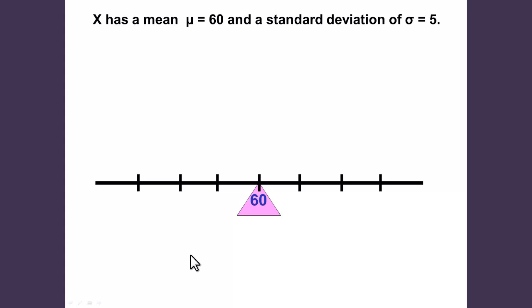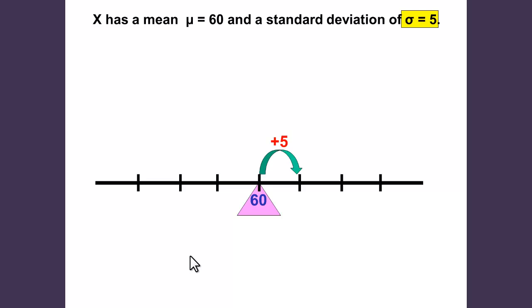The standard deviation is given as 5. This is a measure of how our data is spread out, the spread of our data. So I will mark the graph in jumps of 5 for the standard deviation.